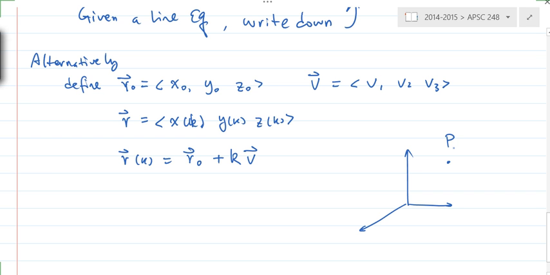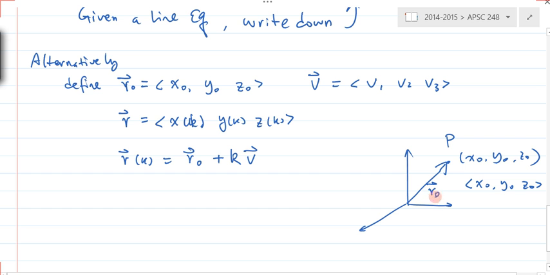Here is the point P, x naught, y naught, z naught. If I write this, what does that represent? A vector. This is the R naught. Was that good?